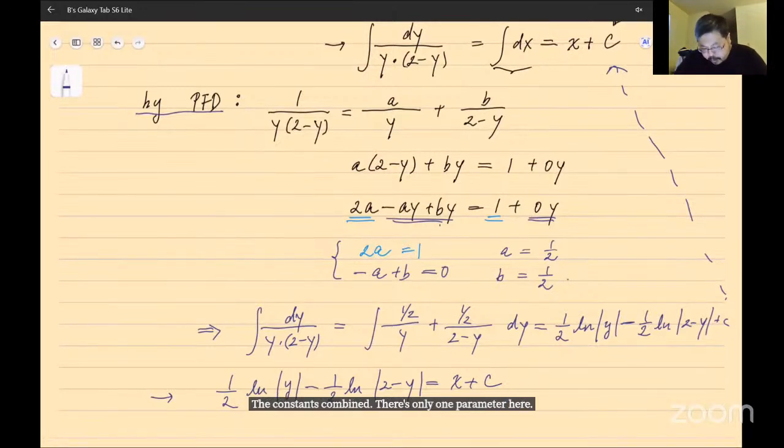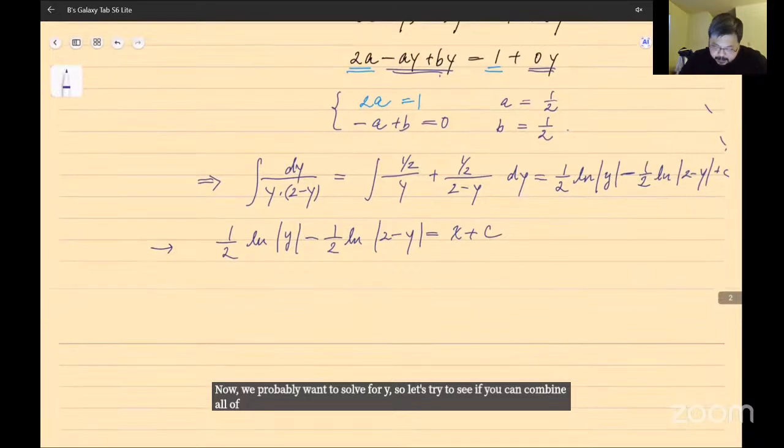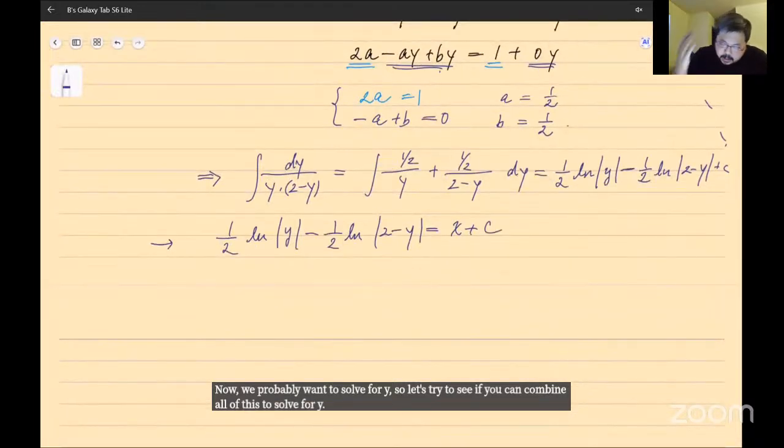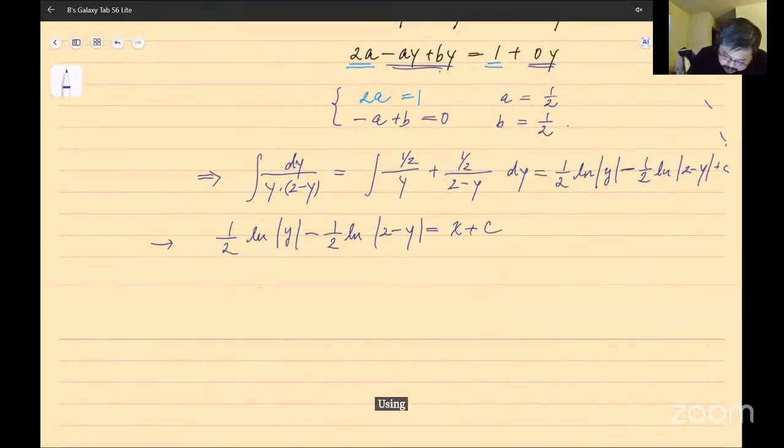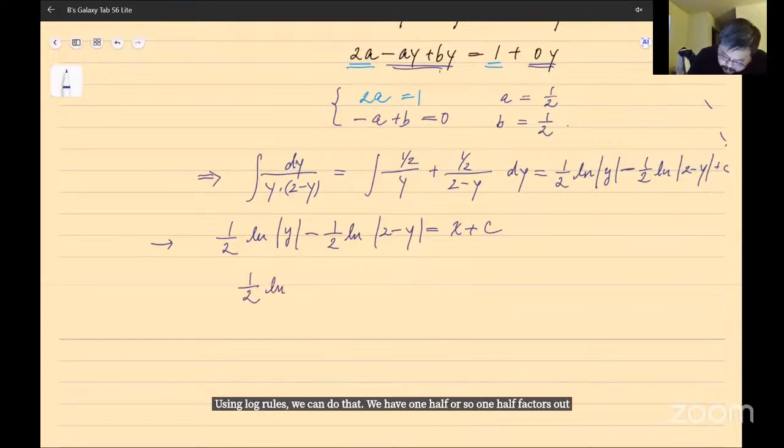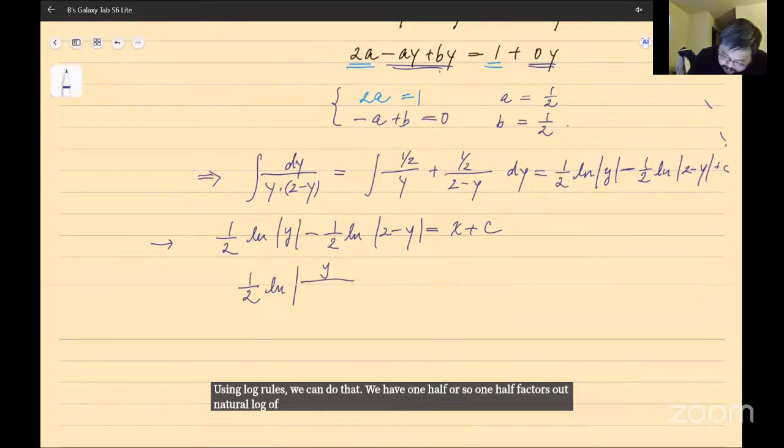Now, we probably want to solve for y, so let's try to see if we can combine all of this to solve for y. Using log rules, we can do that. We have 1/2, first the 1/2 factors out. Natural log of absolute value, y divided by 2 minus y is equal to x plus c.